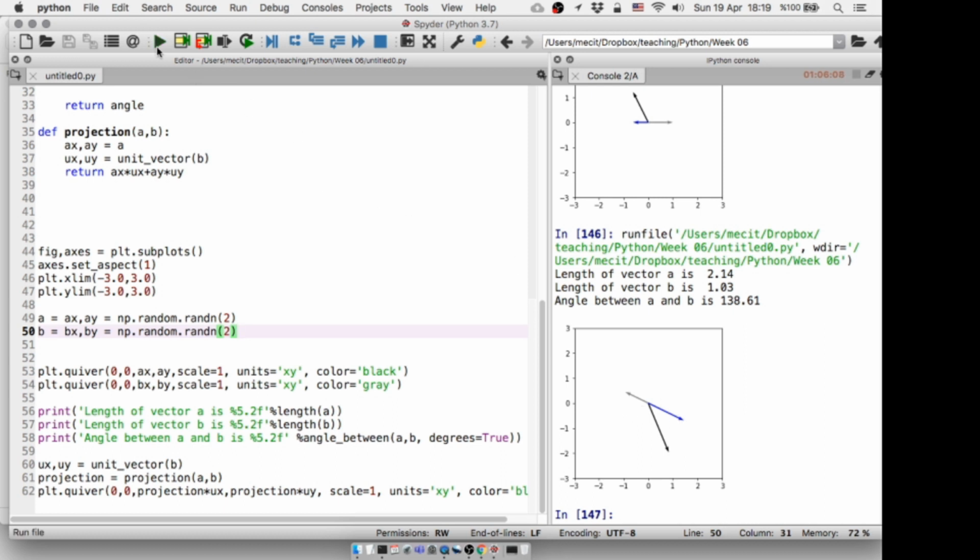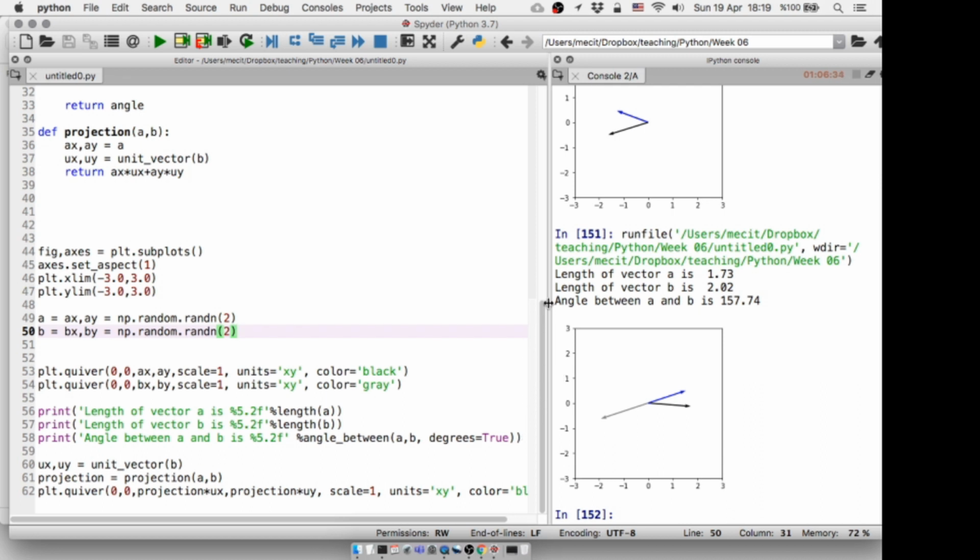Run it again. Okay, it's small, so I can't see it. Wait. Okay, my B vector, and this is the projection.